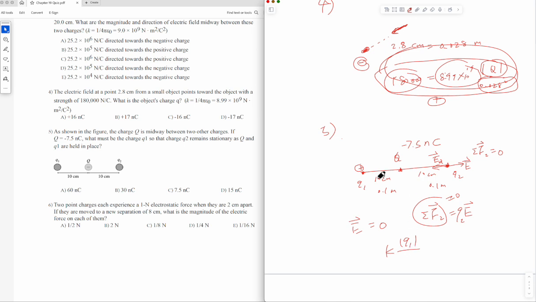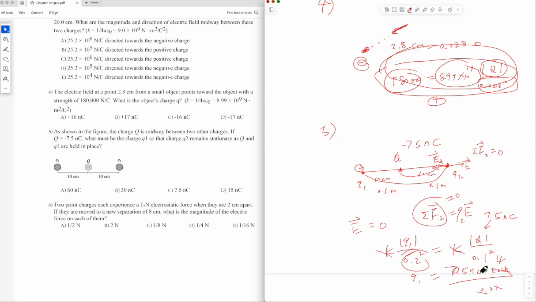The magnitude of the electric field due to Q1 at this location equals K Q1 over R squared. The distance from Q1 to this location is 0.2, squared, equal to K Q over the distance here, 0.1 squared. Plug in 7.5 nanocoulomb here, K and K cancel, and you figure out the Q1 magnitude: 7.5 nanocoulomb times 0.04 divided by 0.01.